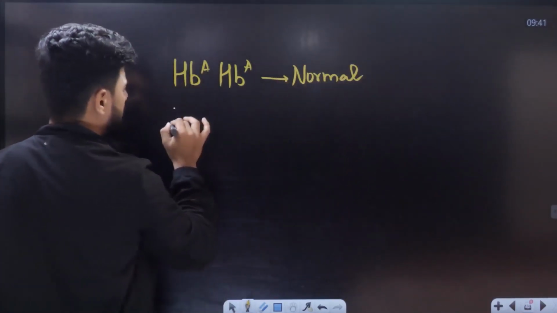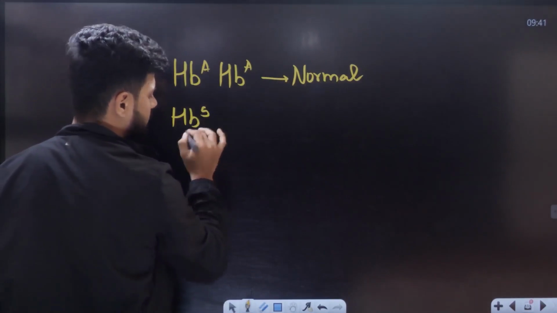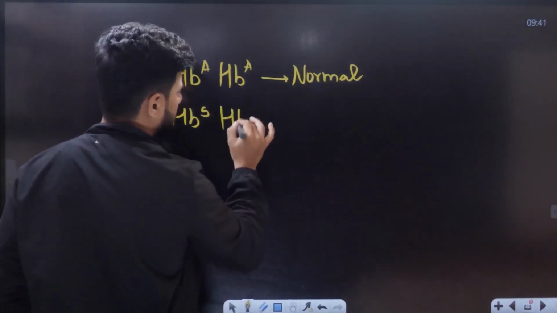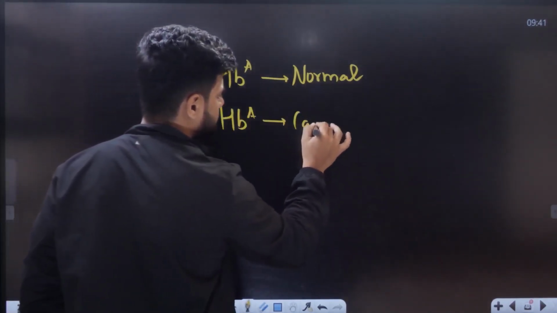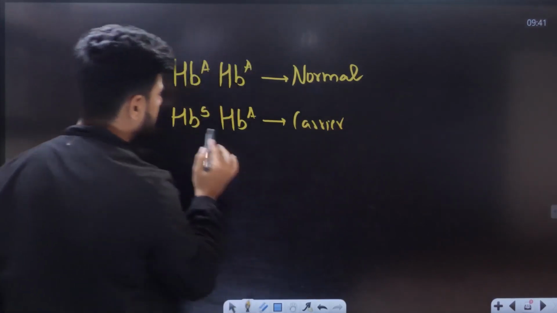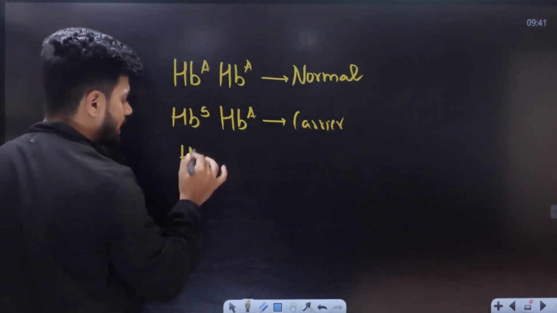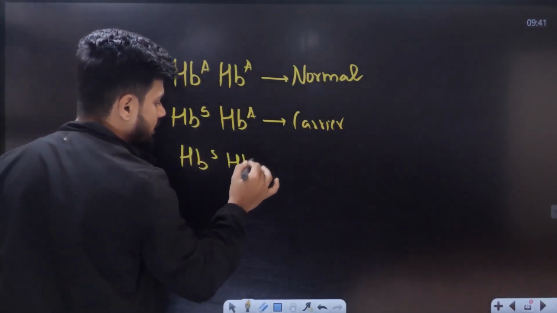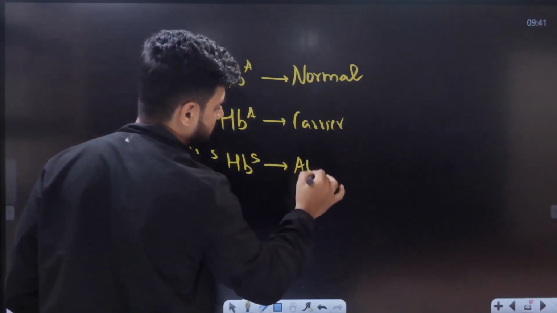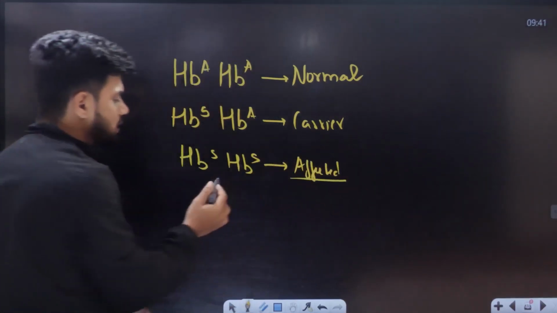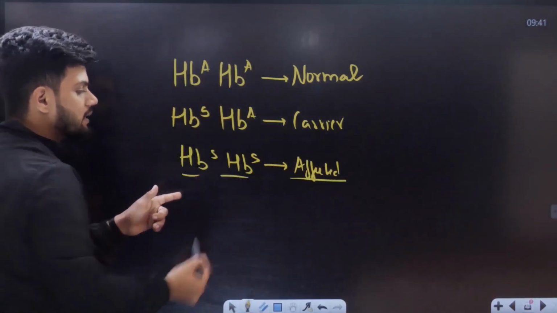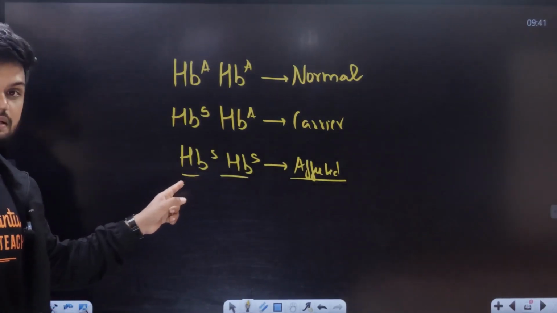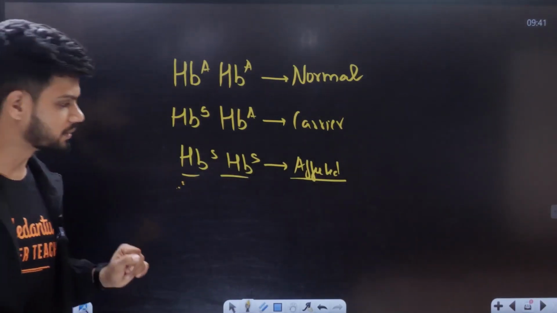HBS and HBA, this person is going to be a carrier. HBS and HBS, this person is going to be completely affected, because both the alleles present are sickle cell in nature, and this person will have sickle cell anemia.